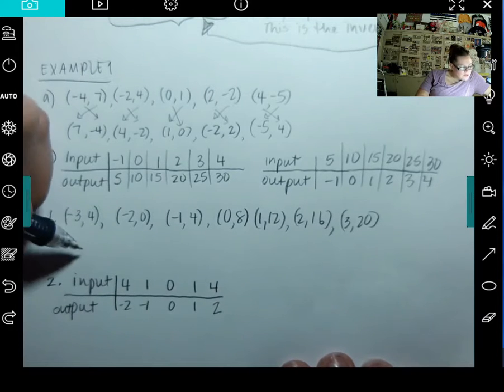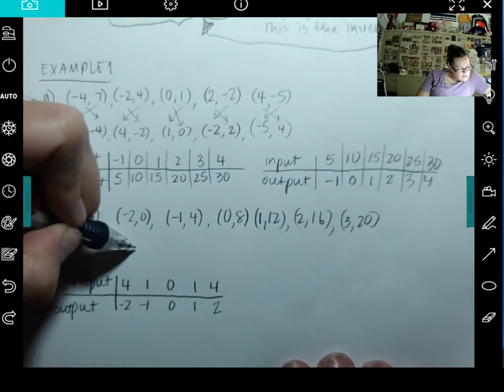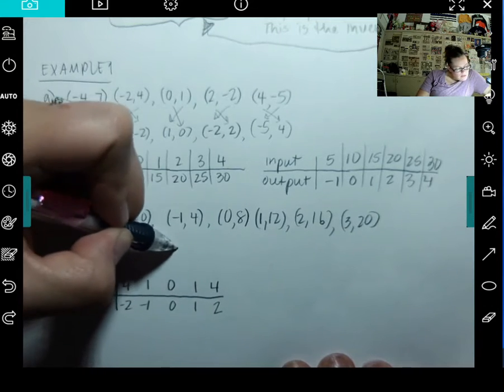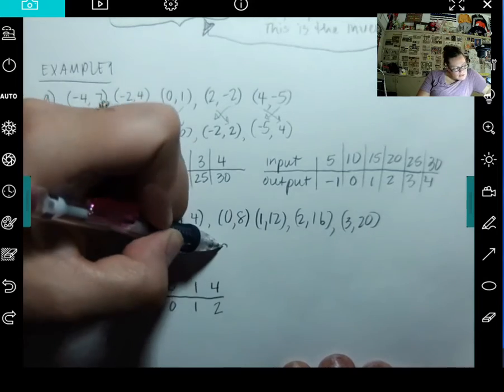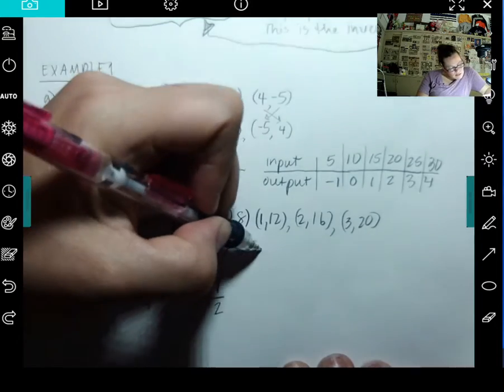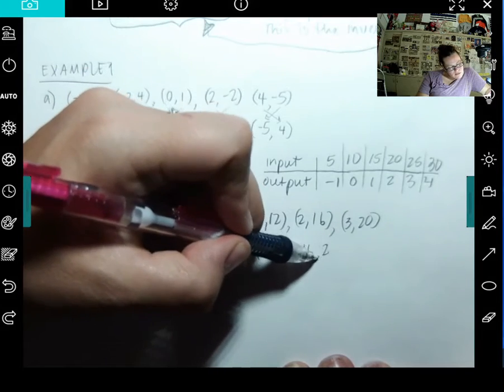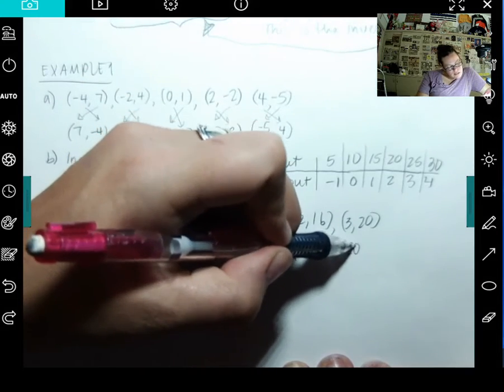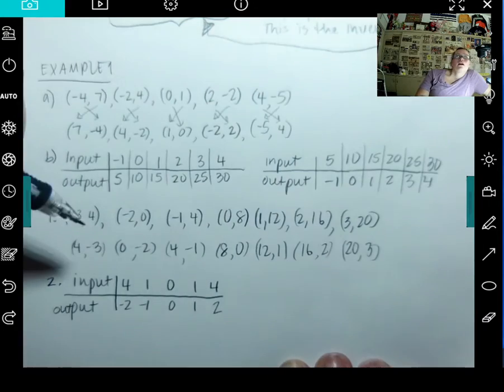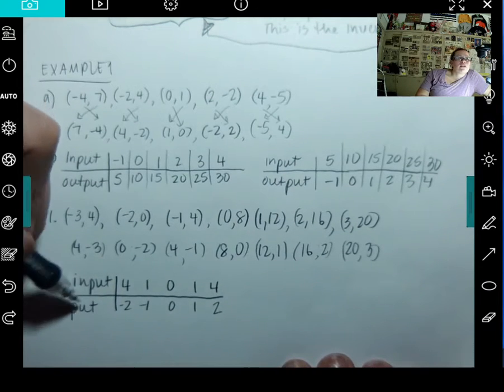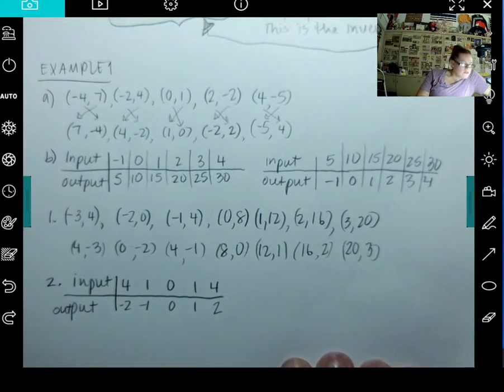So the answer for this one should be 4, -3, 0, -2, 4, -1, 8, 0, 12, 1, 16, 2, and 20, 3. After I wrote this, I realized I gave you the answer, but if you switched it, you'd still get the same thing.